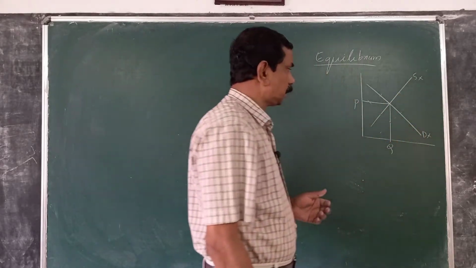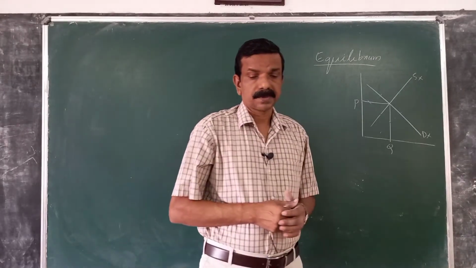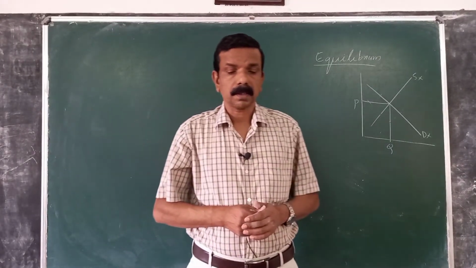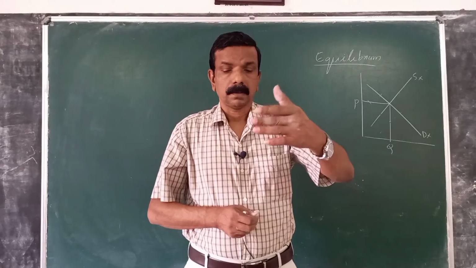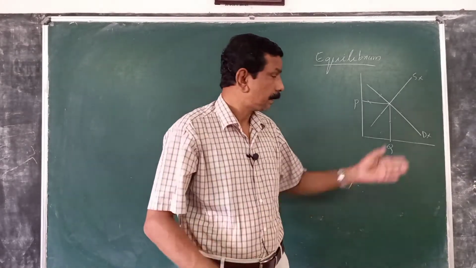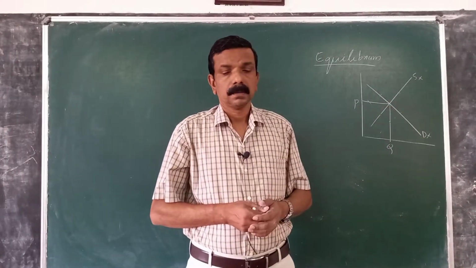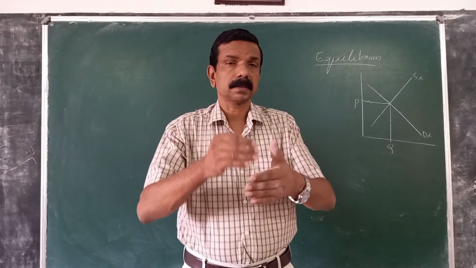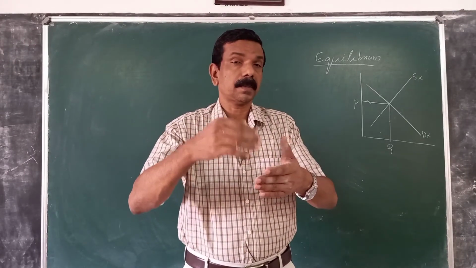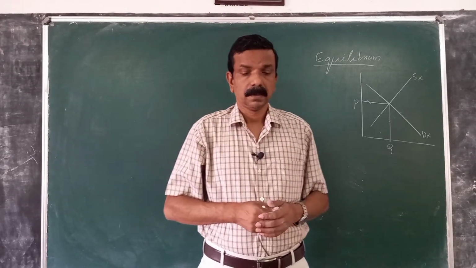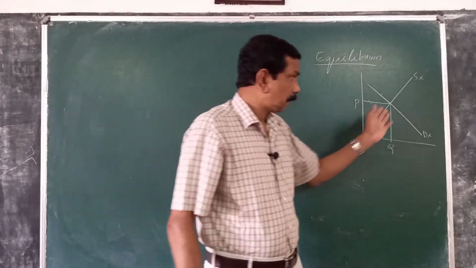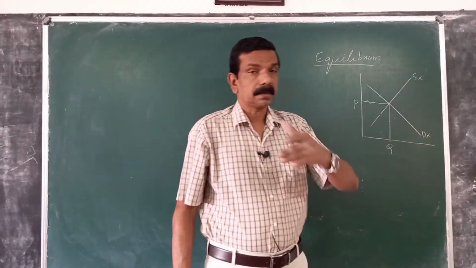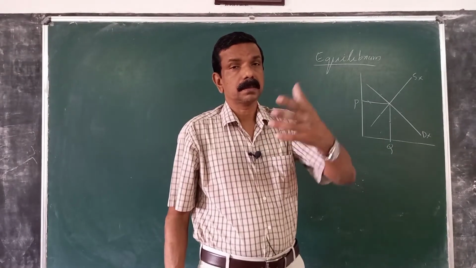Now, if both supply and demand shift, what will happen to price and quantity? It depends on the relative strength or magnitude of the shifts. Equilibrium quantity will increase, but price can remain constant, increase or decrease.